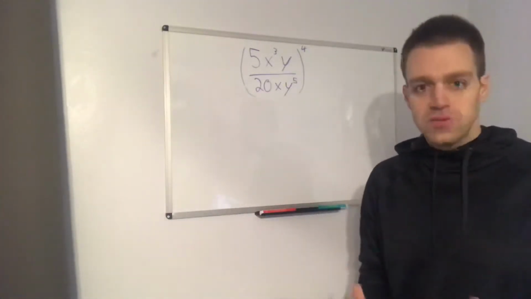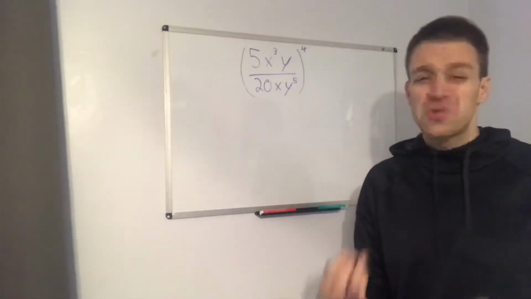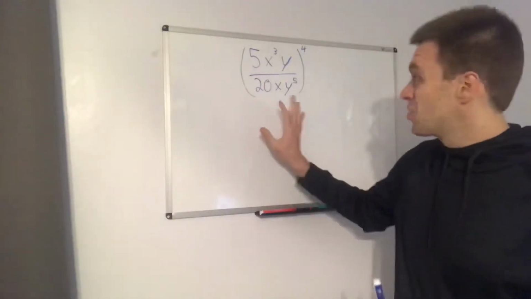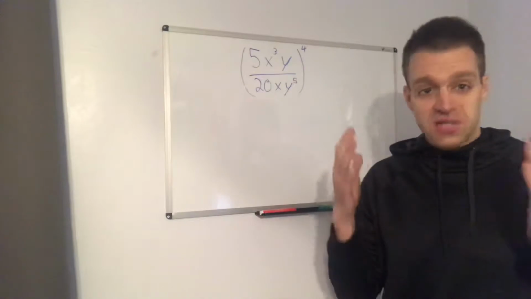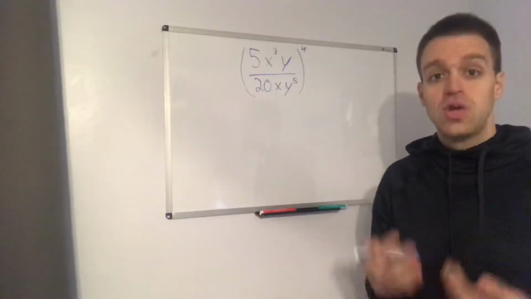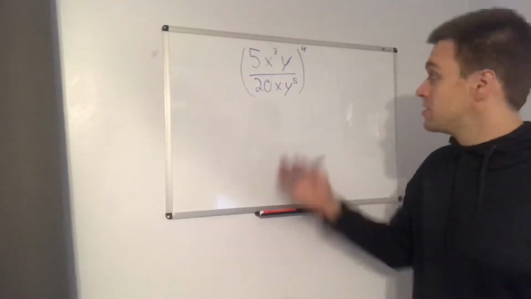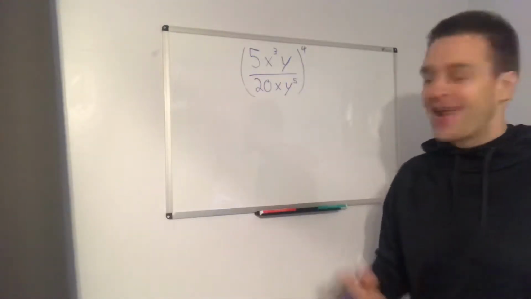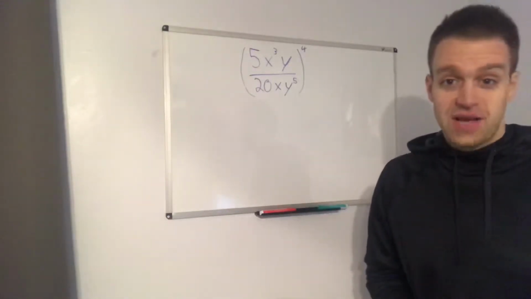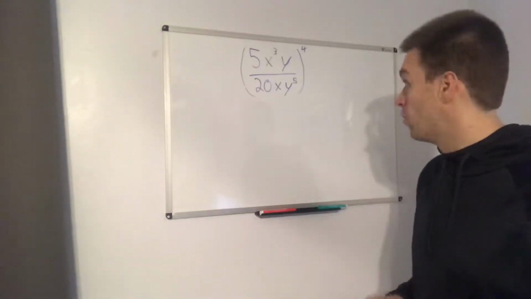There's too many rules to remember, and they're so similar that you're going to have trouble keeping them straight in your head. So instead, I think it's better to understand why they're true, and that way you won't even have to think about the rule. You'll just do it naturally. So let's go ahead and do a problem together, and you can follow along and think about why I'm doing the things I'm doing and how it might work.